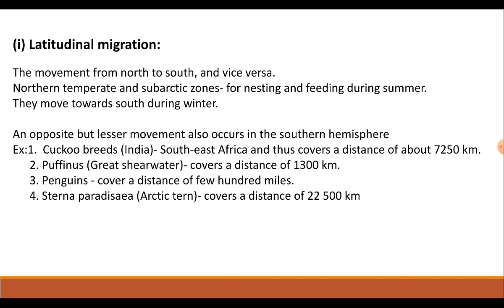So they enjoy two summers each year and know not a hint of winter. The other example is the ruff breeds at Siberia, where it travels to Great Britain, Africa, plains of India and Sri Lanka by traveling a distance of 6,000 miles.